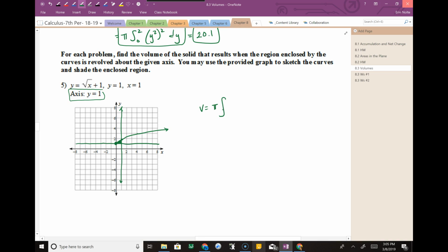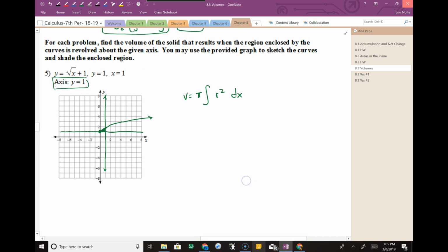If you revolve around the y, you have to have a dy equation, which means you take your y equation and solve for x when you put it into the integral. Anything parallel to the x-axis, that is a forever rule. So what's your r squared?